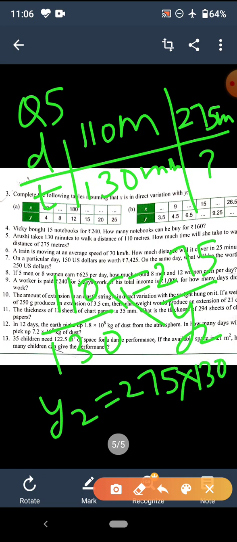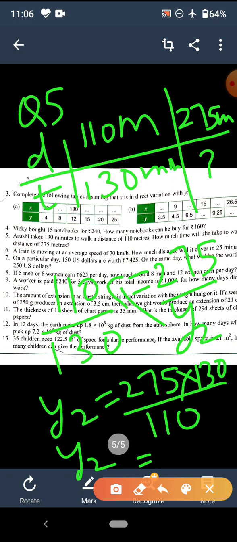So 110 upon 130 is equal to 275 upon y2. So when you multiply, y2 is 275 into 130 upon 110. Now you will do this calculation. 11 twos are 22, 11 fives are 55. You will multiply and get 325 minutes.